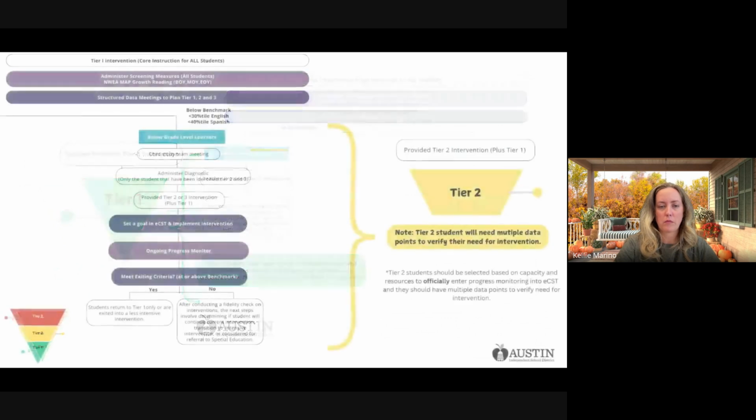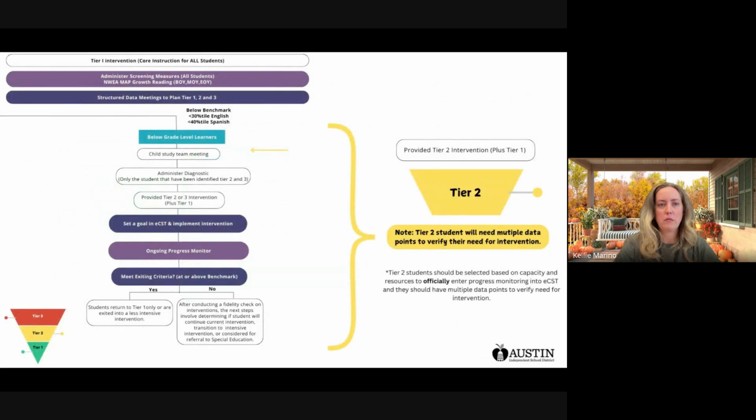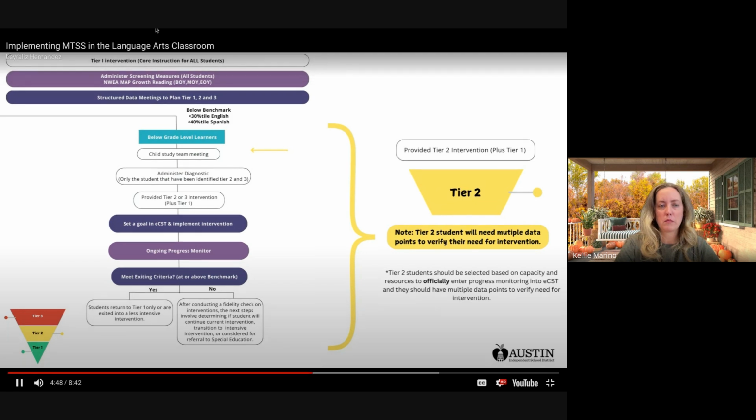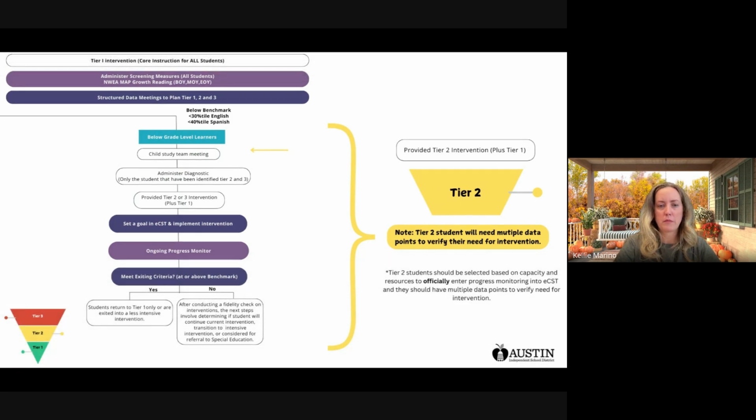Remember that Tier 2 interventions are designed for students who require a higher level of support. Students who score below the 30th percentile in English or below the 40th percentile in Spanish on the MAP Growth Reading Screener are below the benchmark. When students score below benchmark, a child study team meeting, using multiple data points, will verify their need for intervention.